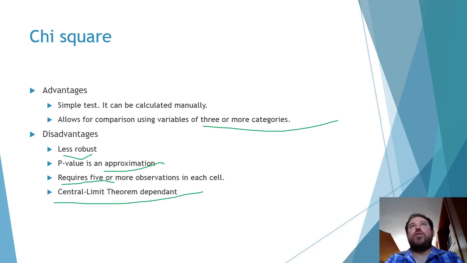The central limit theorem, as you know, is that as our number of observations increase, each time we calculate the mean of our number of observations, the means are going to reach or to have a normal distribution.